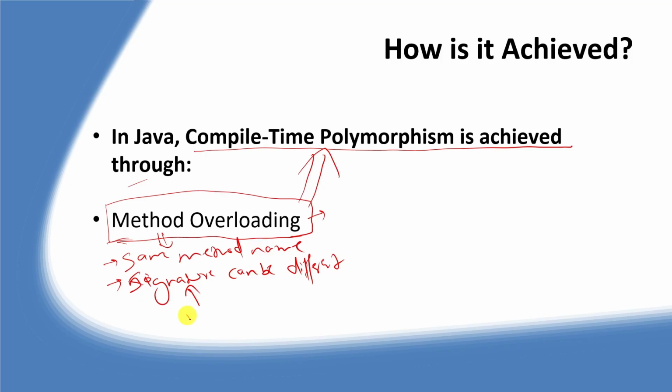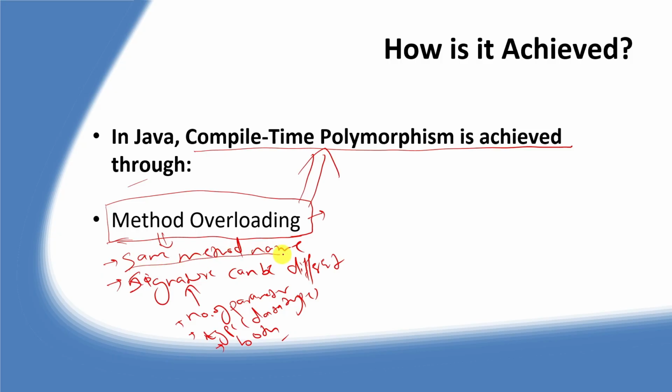Signature means the number of parameters in the method, or it can be the type, or you can say data type, or both the number of parameters as well as data type.